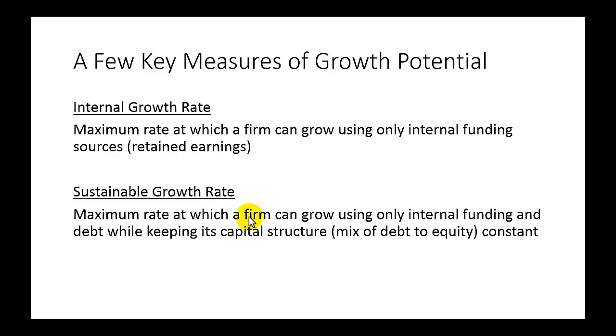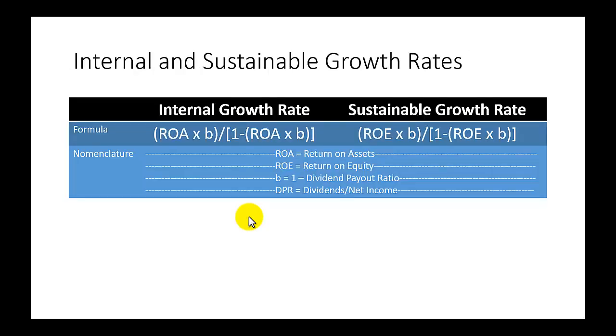So in other words, that's the fastest you can grow at without messing up your balance sheet if you're not going to issue stock. Here's how you calculate these two metrics. For the internal growth rate, it's ROA times the plowback rate over 1 minus the product that we just calculated in the numerator.